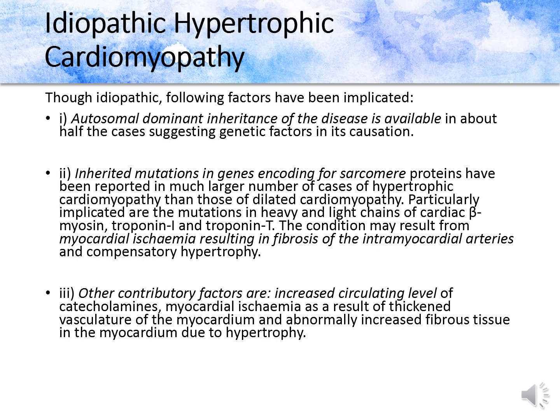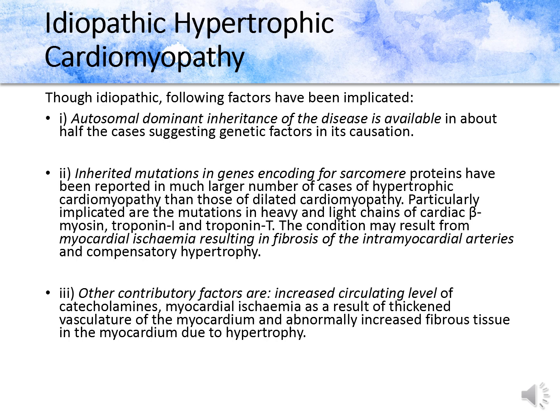Inherited mutations in genes encoding for sarcomere proteins have been reported in much larger numbers of cases of hypertrophic cardiomyopathy than those of dilated cardiomyopathy. Particularly implicated are the mutations in heavy and light chains of cardiac beta myosin, troponin I and troponin T.